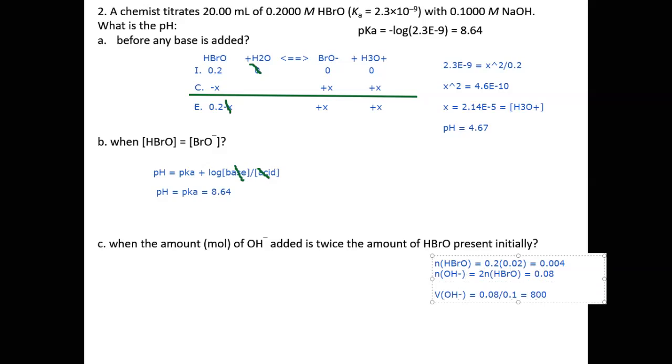800 milliliters. Whew. That's a lot. Let's double the concentration. Yeah, I could see that. Total volume.